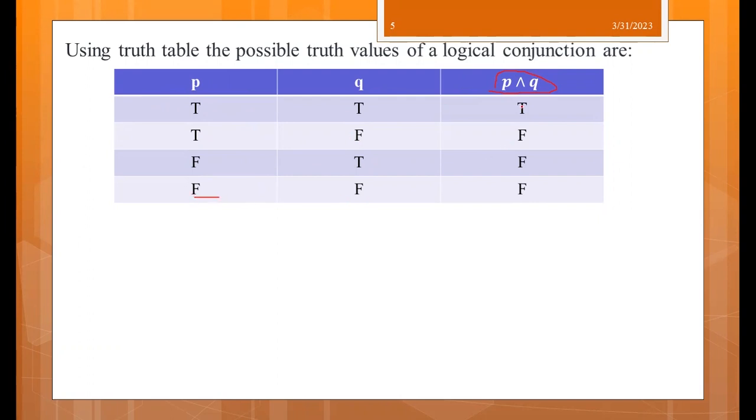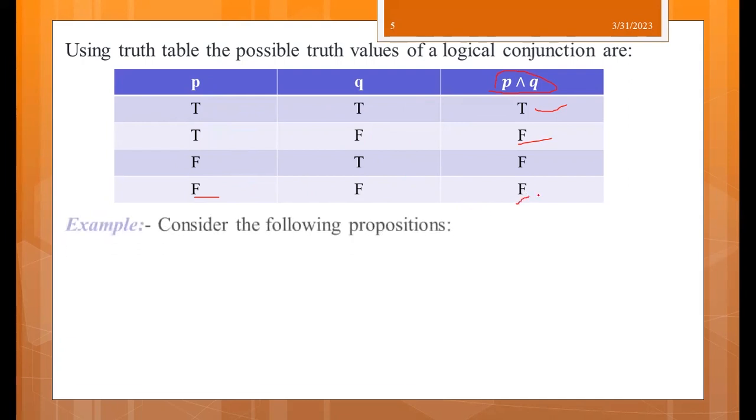We have said that this logical conjunction becomes true only when both component statements are true. So only in the first case is it true. In the second case, when P is true and the second is false, true and false becomes false. False and true is also false. False and false is also false.